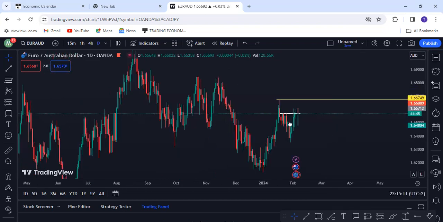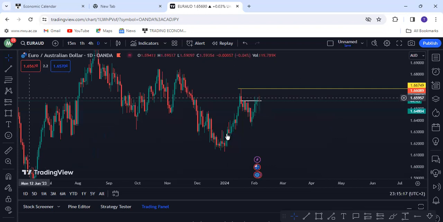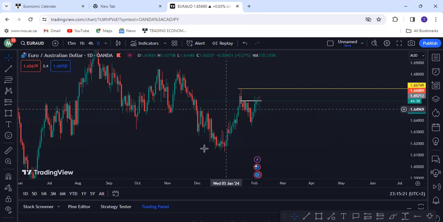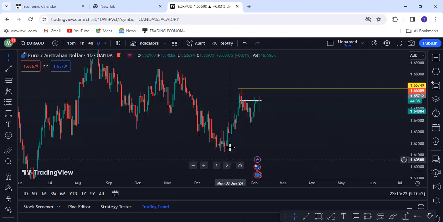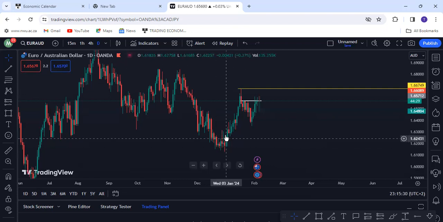So we've got a bearish move and then we've got a move to the upside. Now, when this move to the upside happens, what we have to ask ourselves is: are people buying the euro against the Australian dollar, or are they just taking profit from the euro AUD?